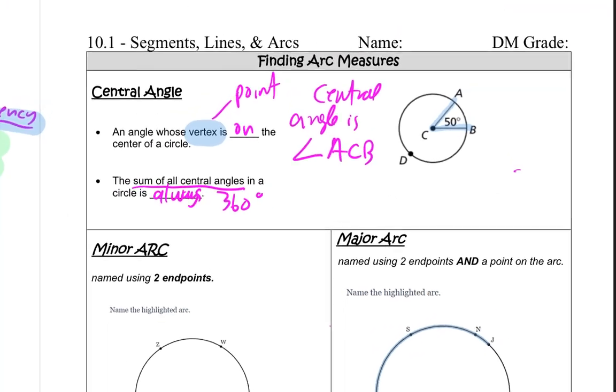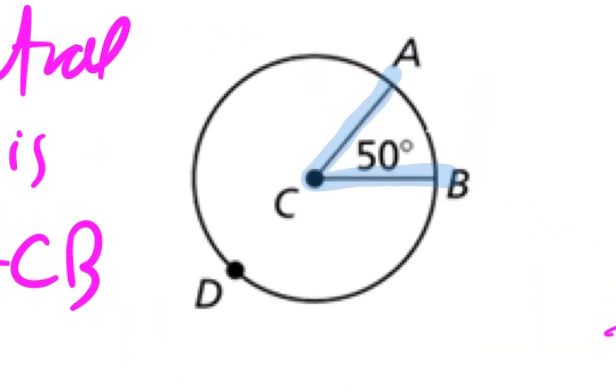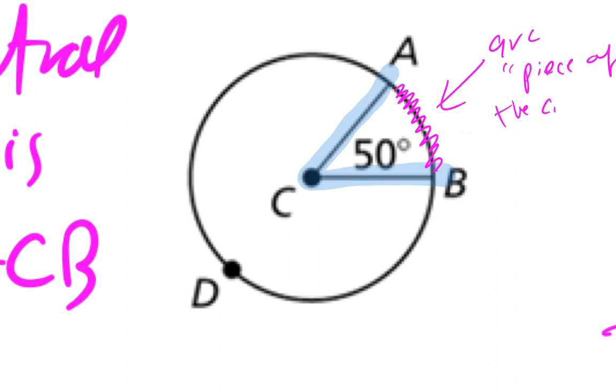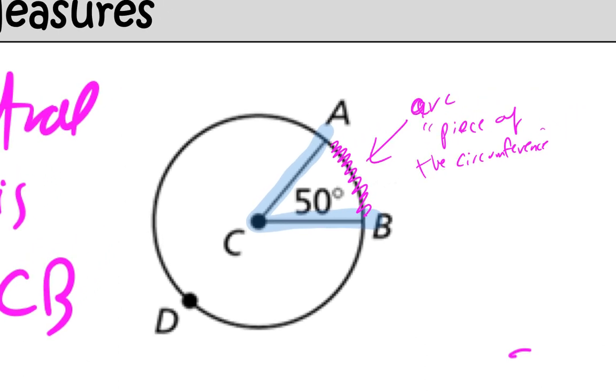So what a central angle does, if it's like a pizza, is it cuts out what we call an arc. An arc is a piece of the circumference. You can think of an arc being the crust of pizza.